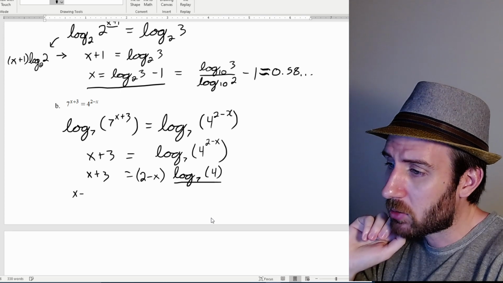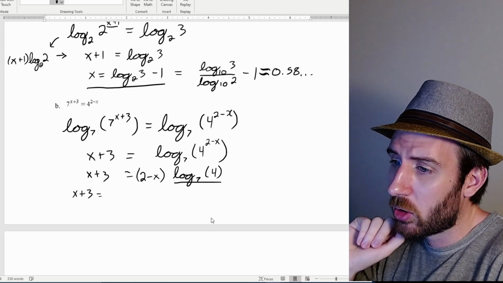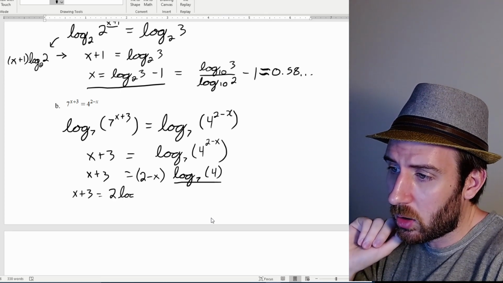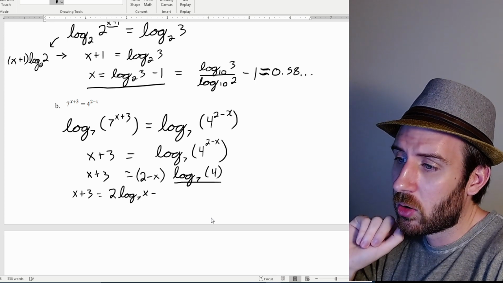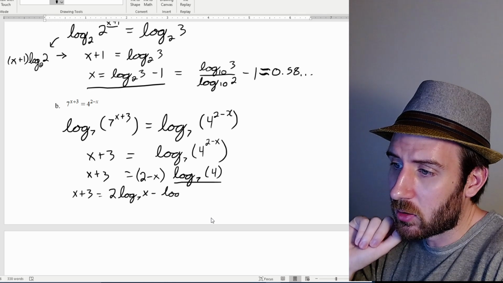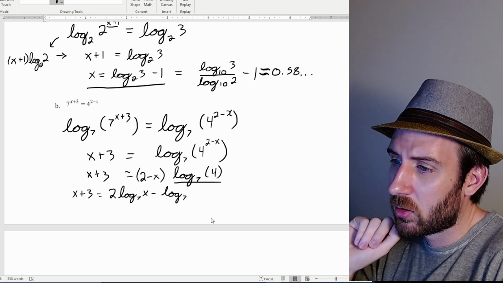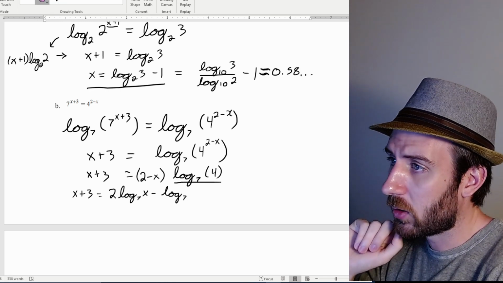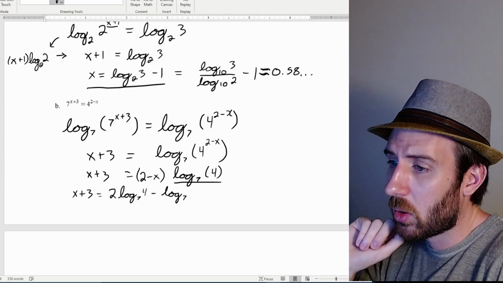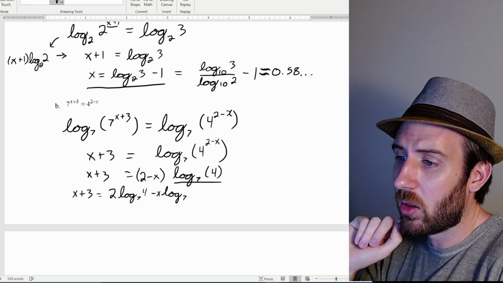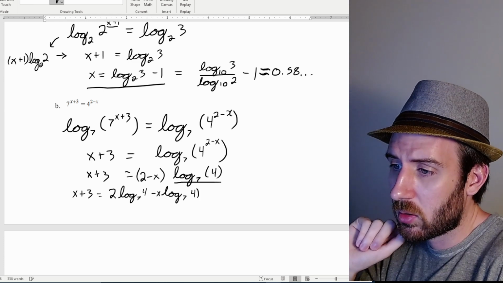Okay, that'd be x plus 3 equals 2 log base 7 of... oh, sorry, 2 log base 7 of 4. There we are. 2 log base 7 of 4, minus x log base 7 of 4.